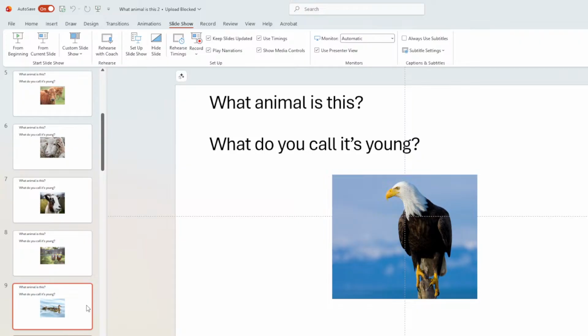That's an eagle. And what do you call the young one of an eagle? So this is the bird that flies high up there. That's one interesting fact about an eagle. It goes way beyond the horizon.